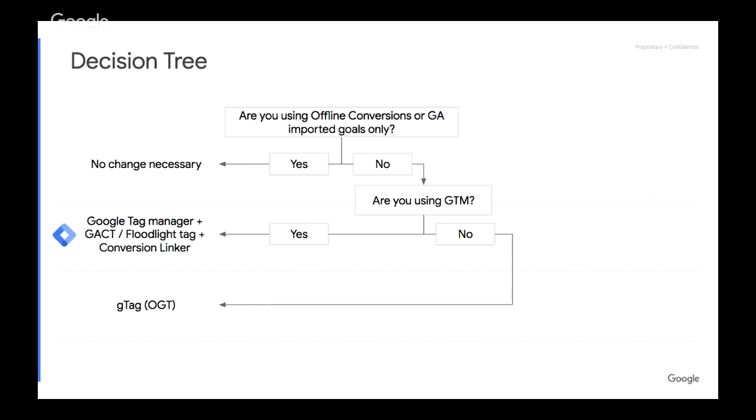If not, and you're using Google Tag Manager, then you should implement the conversion linker with Google Tag Manager and implement the Floodlight tags via Google Tag Manager, because you already have Google Tag Manager on all pages of your site. And if you're not using either of those, then you should implement the new global site tag.